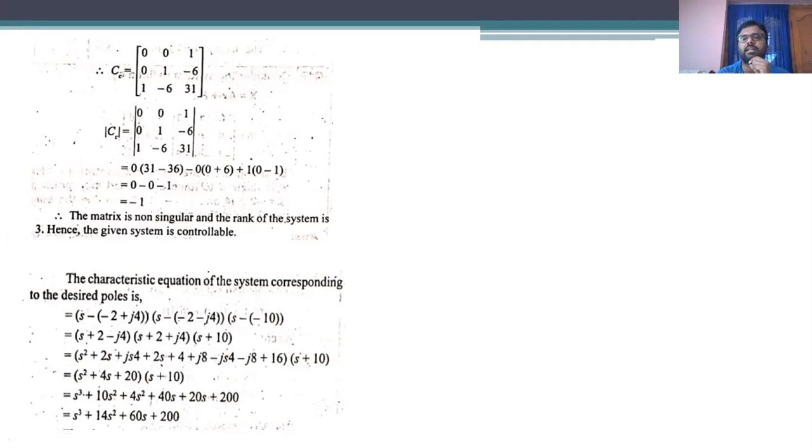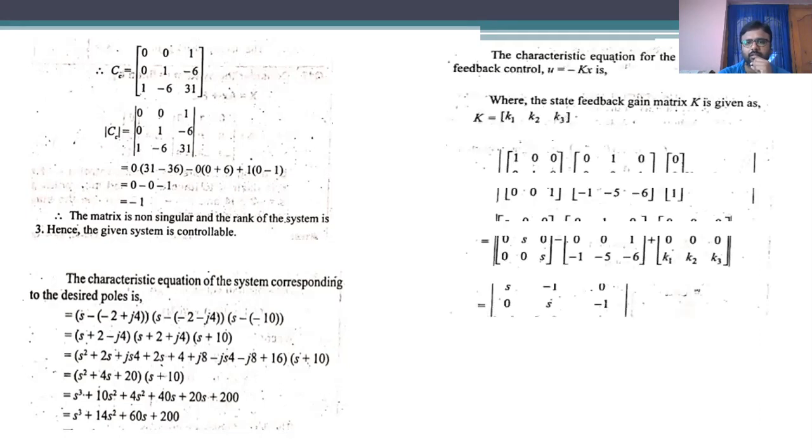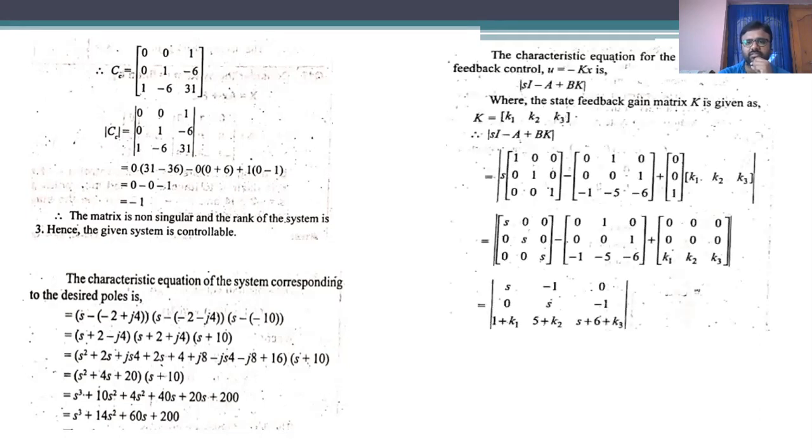But in the calculation of the state feedback gain matrix using method 2, the characteristic equation is also obtained with the expression modulus of sI minus A plus BK.